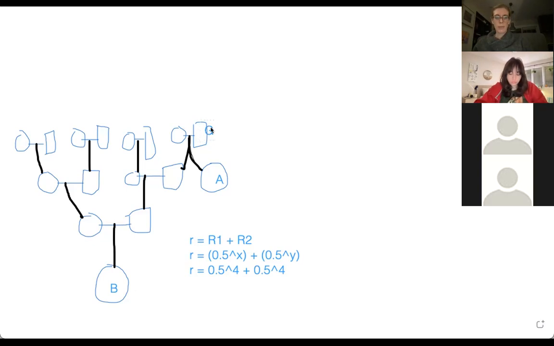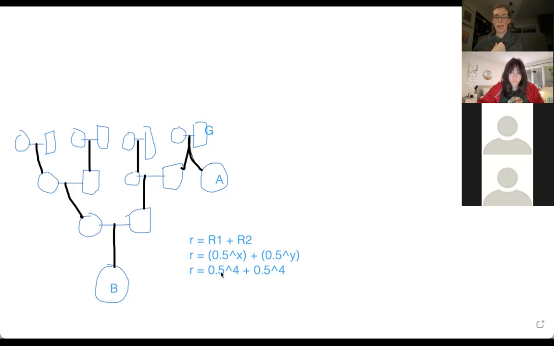So for G here, we can talk about how related G is to A, and how related G is to B. G's relatedness to A is what? In that case, it's just 0.5, because it's their immediate offspring. Yeah, exactly. So very high, but G's relatedness to B is a really small number.